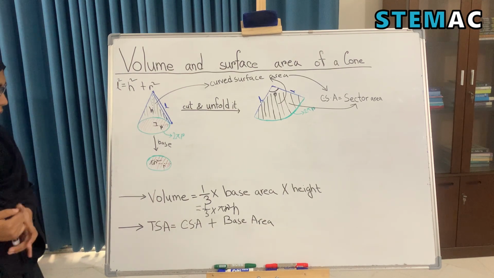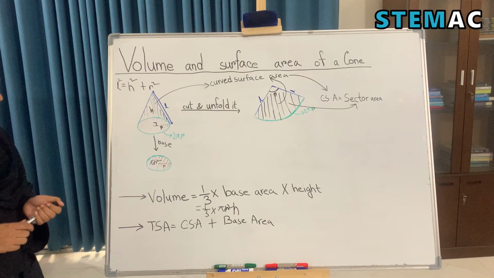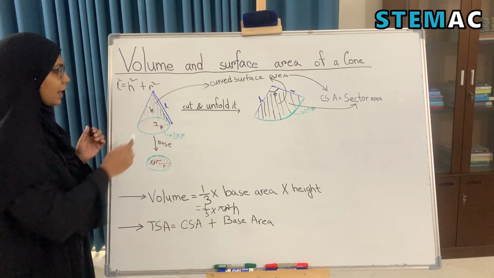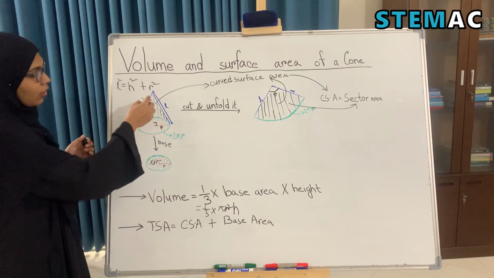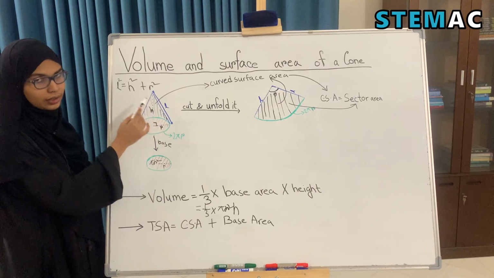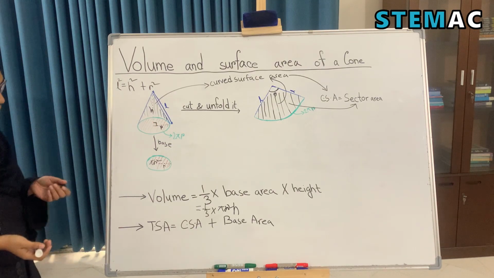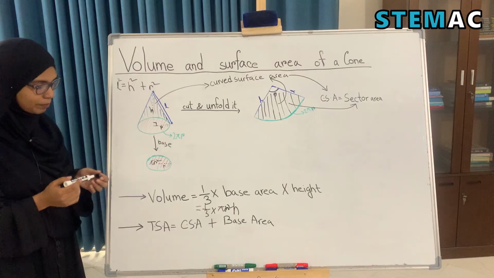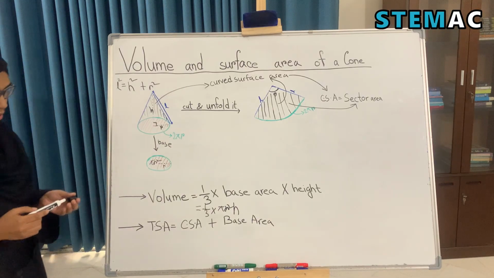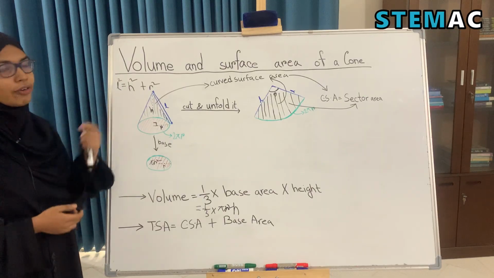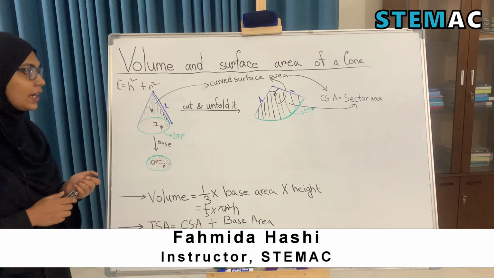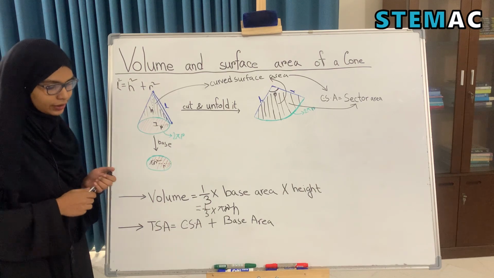So now, to find the total surface area of the cone, we need to find the lateral surface area, the surface marked in black here, and the base area. We already know the base area, it is pi r square. The lateral surface area for a cone can also be called the curved surface area.